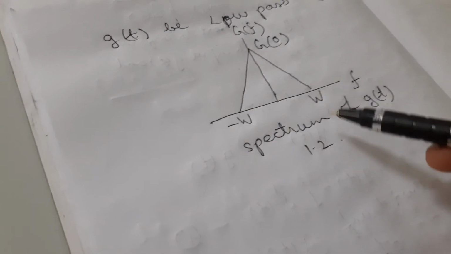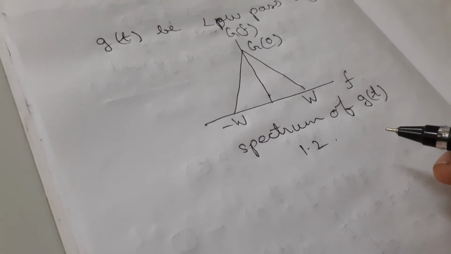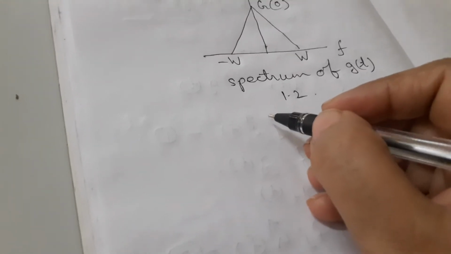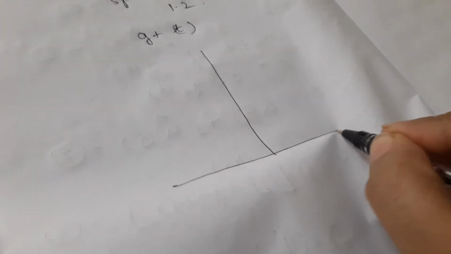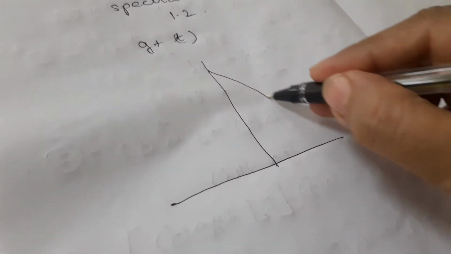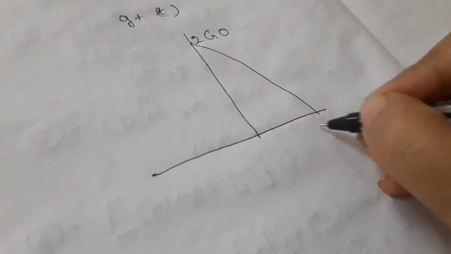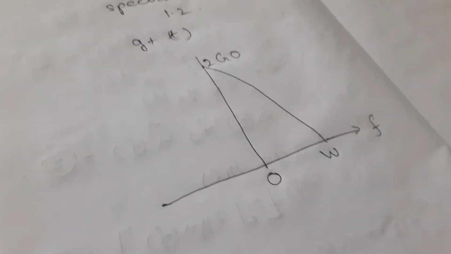So shown in this figure, using equation 6, we plot the spectrum of g plus of t, and it appears to be like this. This is 2G naught, this is W, this is f, and this is 0.